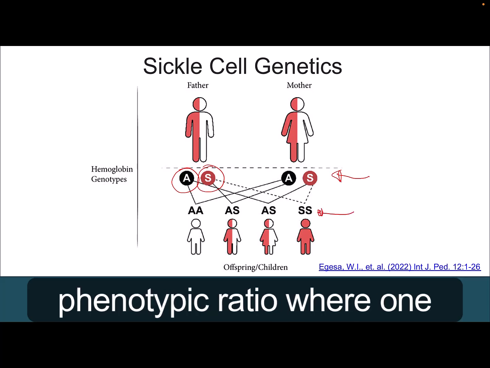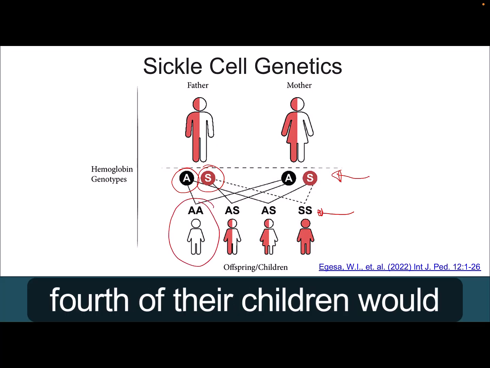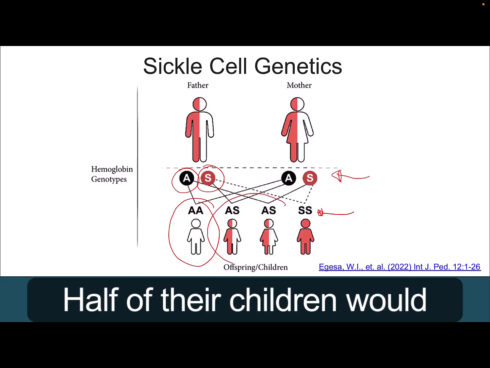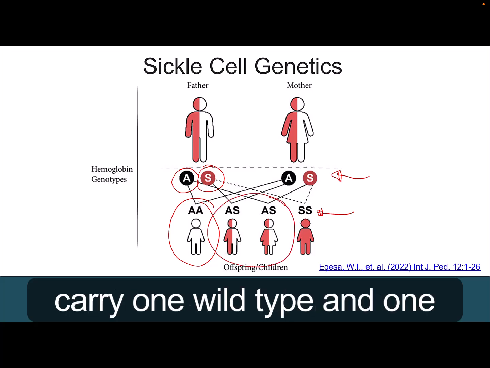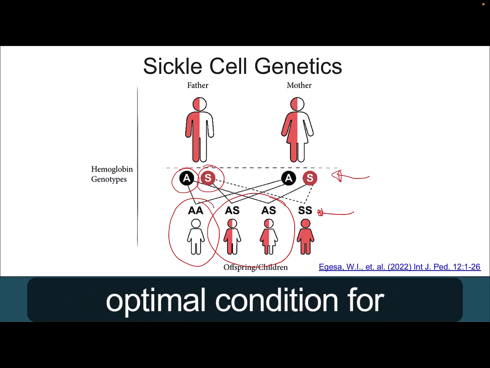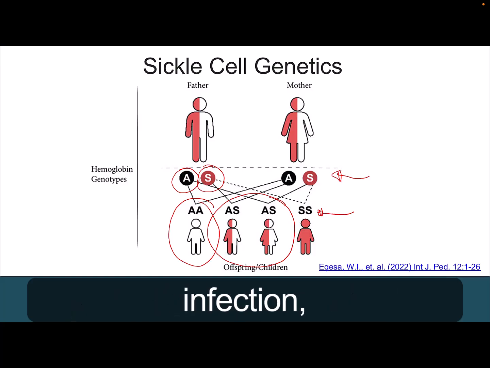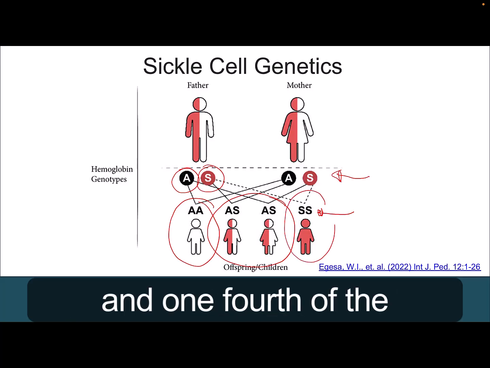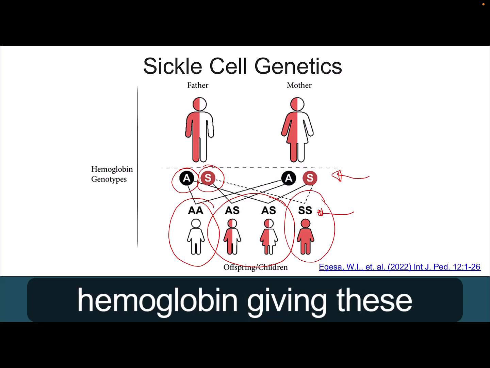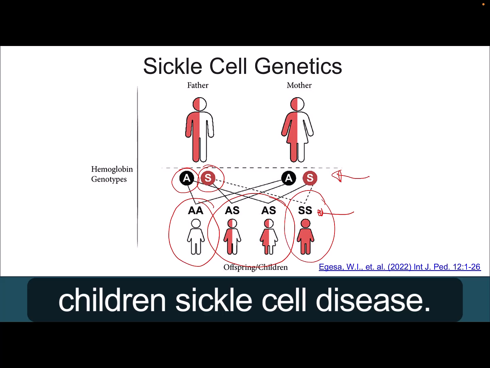This gives a phenotypic ratio where 1/4 of their children would have both wild-type copies of the gene, half of their children would carry one wild-type and one mutant allele. This is the optimal condition for protection against malarial infections, and 1/4 of the children would have both mutant copies of the hemoglobin, giving these children sickle cell disease.